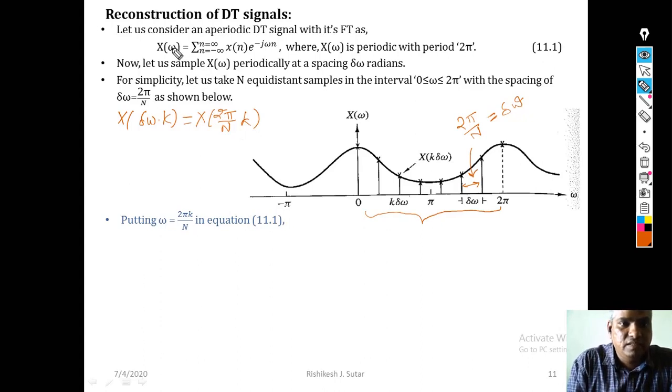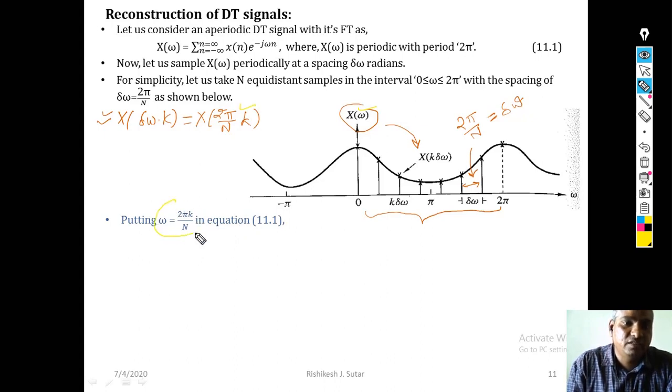And this is my x of omega. So this x of omega has converted into x of k into delta omega, and this x of k into delta omega is nothing but this, and this becomes now 2 pi by capital N k. So what is the change? The change here is this omega has become now 2 pi by capital N k.